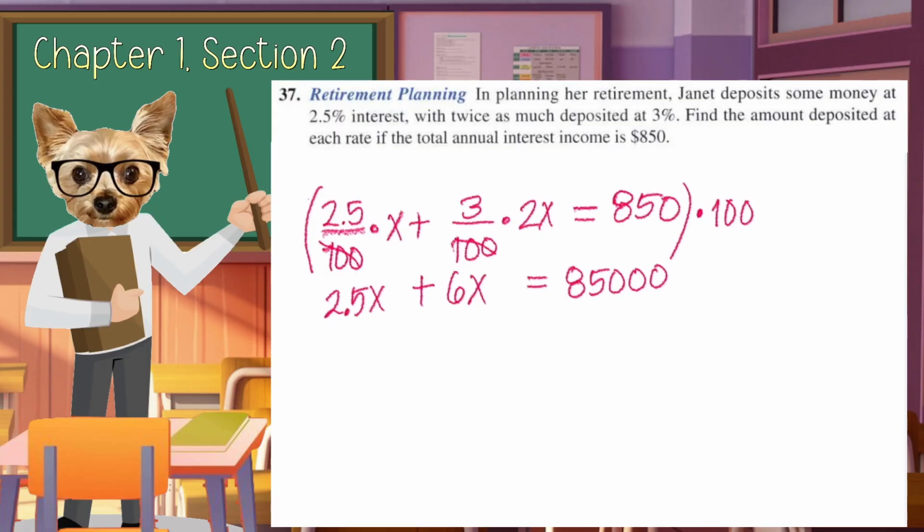Now, another thing I would likely do if I wanted to get rid of my decimals is multiply by 10. I could also multiply by 2, but let's just keep it with tens. If I multiply by 10, that's 25x plus 60x.